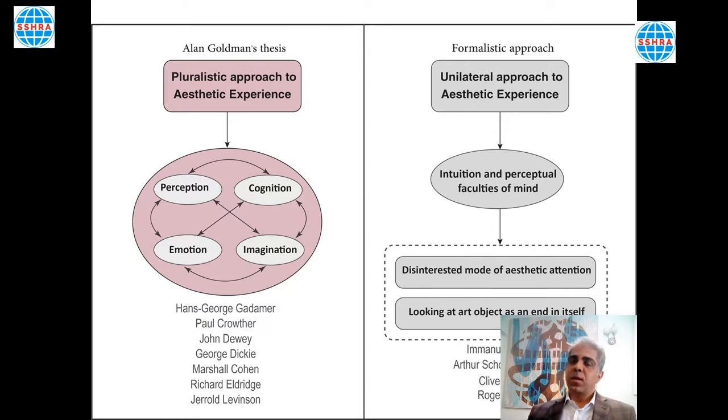So first, look at the right side to see what the pluralistic approach to aesthetic experience is. Unlike the formalists, who claim that the spectator should look at the art object only through intuition and a disinterested mode of attention, contemporary aestheticians argue that the experience of the aesthetic value of artworks cannot be achieved only by depending on intellect or emotions or perception.